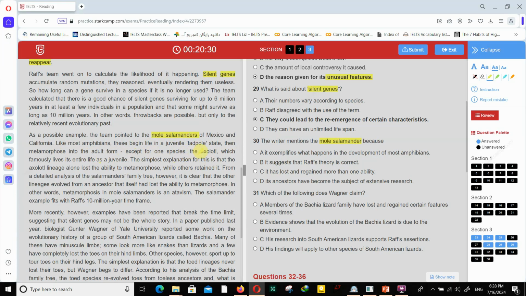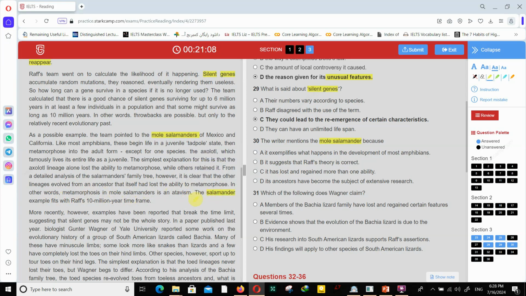The simplest explanation for this is that the axolotl lineage alone lost the ability to metamorphose, while others retained it. From a detailed analysis of the salamander's family tree, however, it is clear that the other lineages evolved from an ancestor that itself had lost the ability to metamorphose. In other words, metamorphosis in mole salamanders is an atavism. The salamander example fits with Ruff's 10 million year time frame.